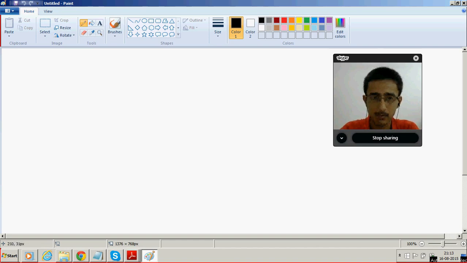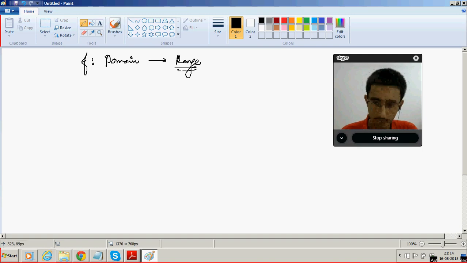Okay, now see, a function has a domain and maps domain to range. Now, based on the nature of the domain is the classification of various functions.